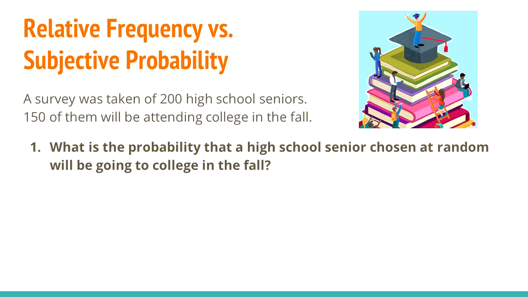Here's another example of a relative frequency probability. We're also going to look at a subjective probability. In this example, a survey was taken of 200 high school seniors. It turns out that 150 of them reported that they'll be attending college in the fall. We want to find the probability that a high school senior chosen at random will be going to college in the fall. I'm going to use the results from the survey, so it should be 150 out of 200, or 75%.